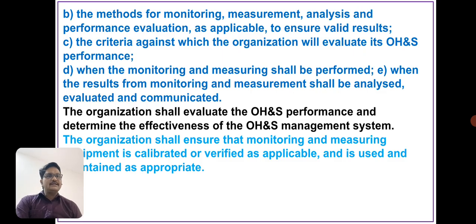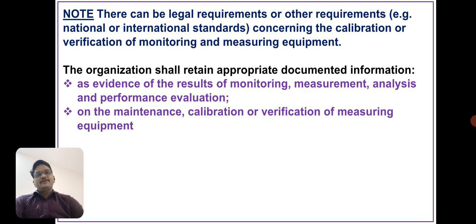For this, the organization shall ensure that monitoring and measuring equipment is calibrated or verified as applicable, and is used and maintained as appropriate. For this, there is a note given. There can be legal requirements or other requirements, national or international standards, concerning the calibration or verification of monitoring and measuring equipment.